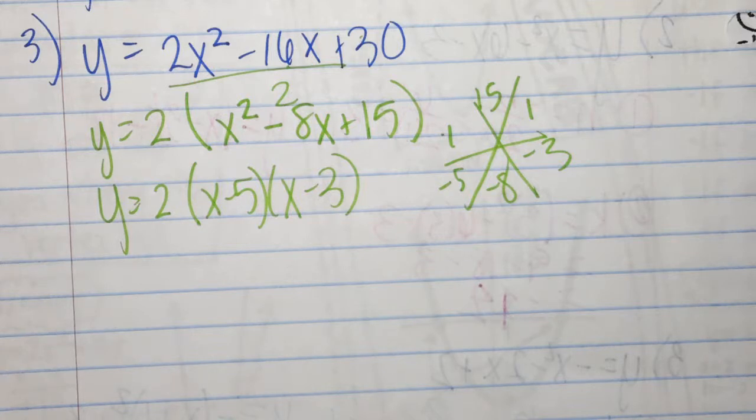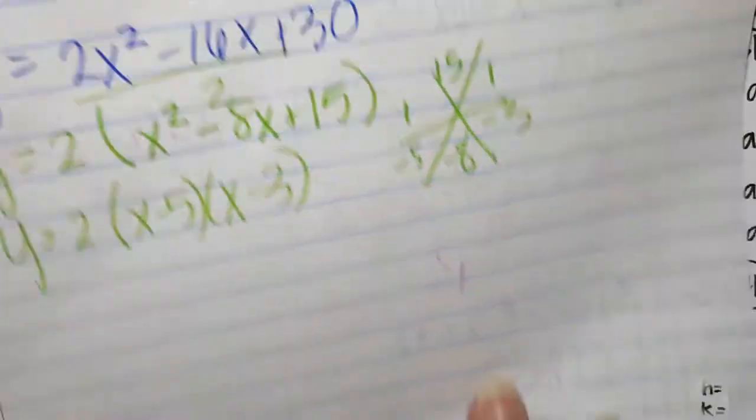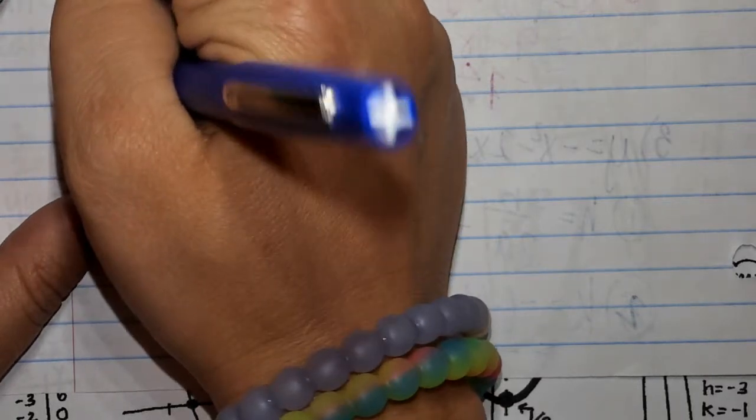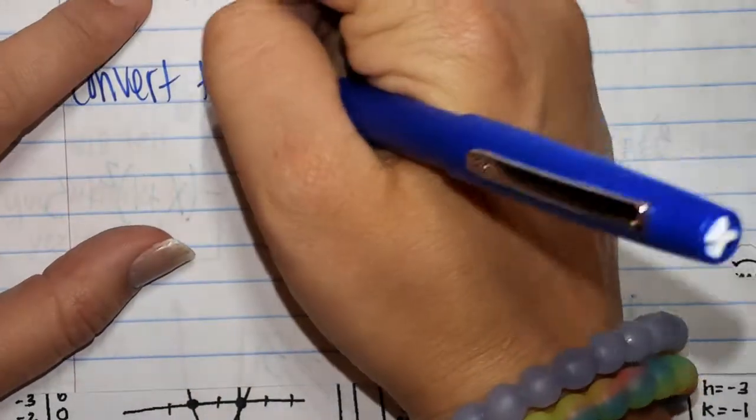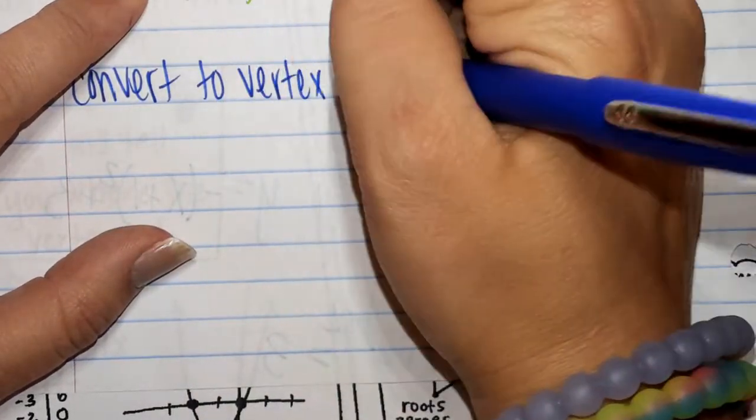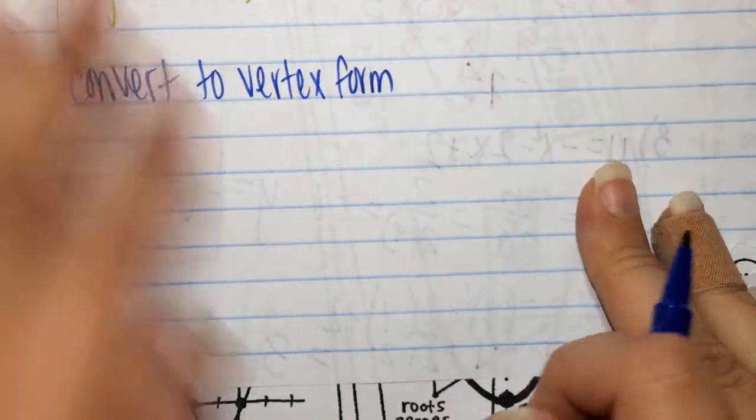Alright, you ready to try some without me? You need a clean piece of paper. You could even share a piece of paper. Rip a piece of paper in half. You won't need a whole paper. Write your number at the top.